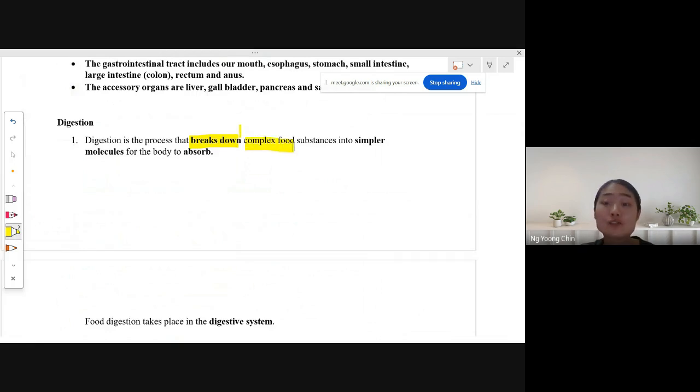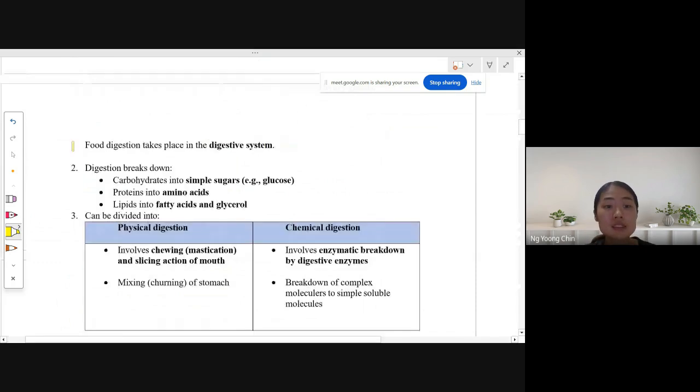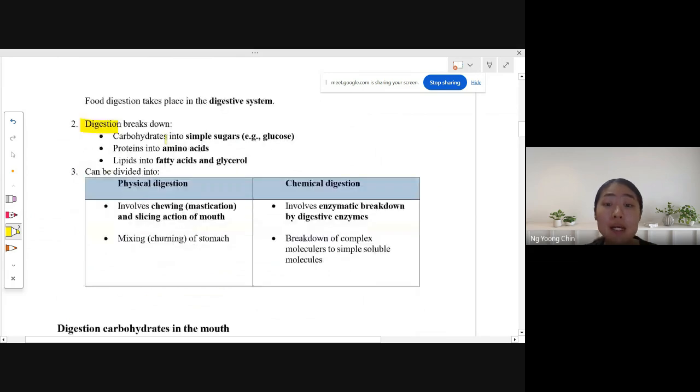Complex or large food substances into the simplest form, soluble for the body to absorb. This is what chemical digestion does: carbohydrate becomes glucose, protein becomes amino acids, lipid becomes fatty acids and glycerol.